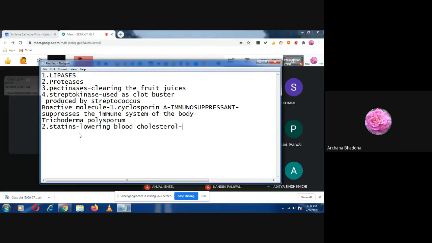In the body, there is an enzyme which helps in the formation of cholesterol, so statin will stop the action of that enzyme. It inhibits the enzyme.